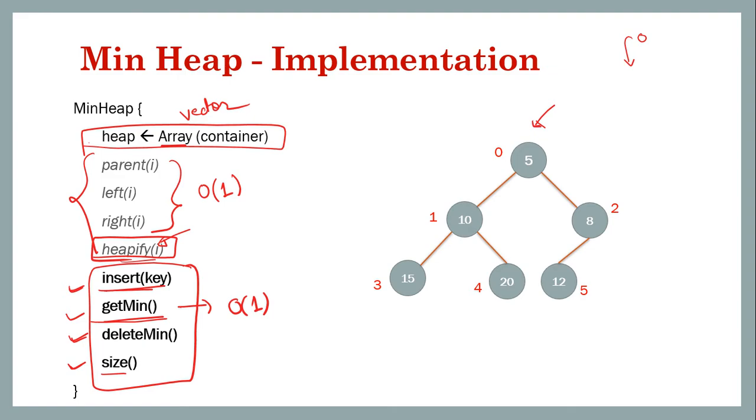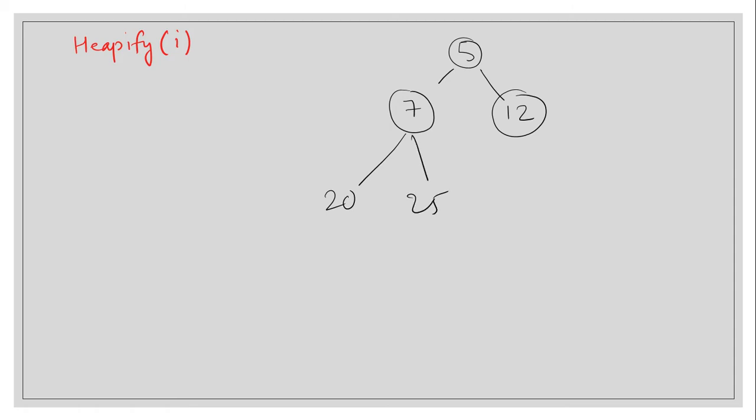Heapify(i), index i. Let's say we want to heapify at some index. Let's say we have a min heap. So we have 5, then we have 7, 12, and then we have 20, 25, and here we have 13.